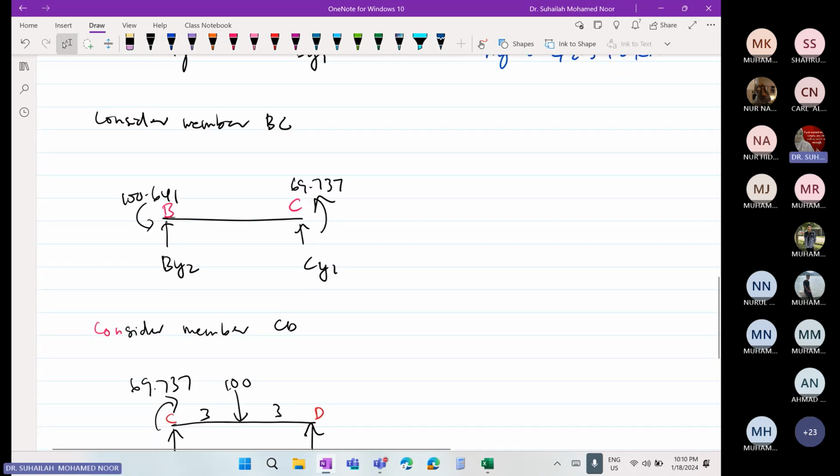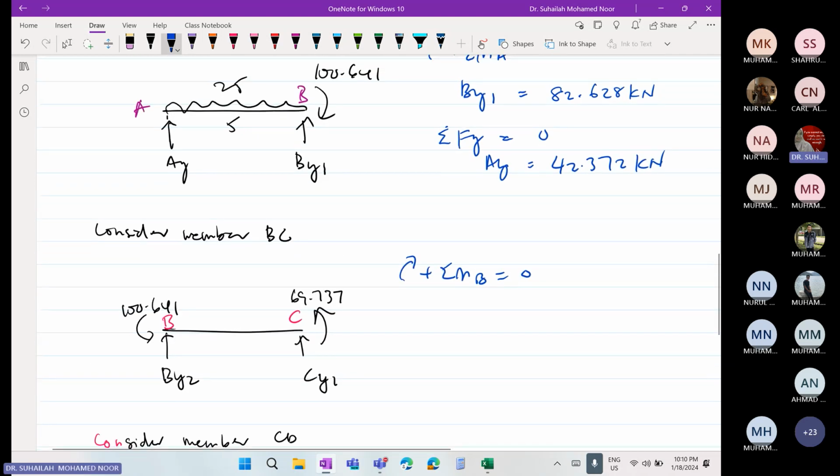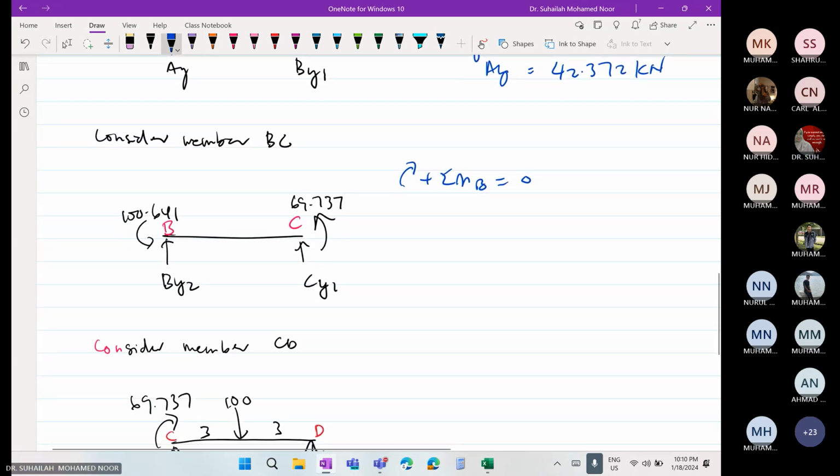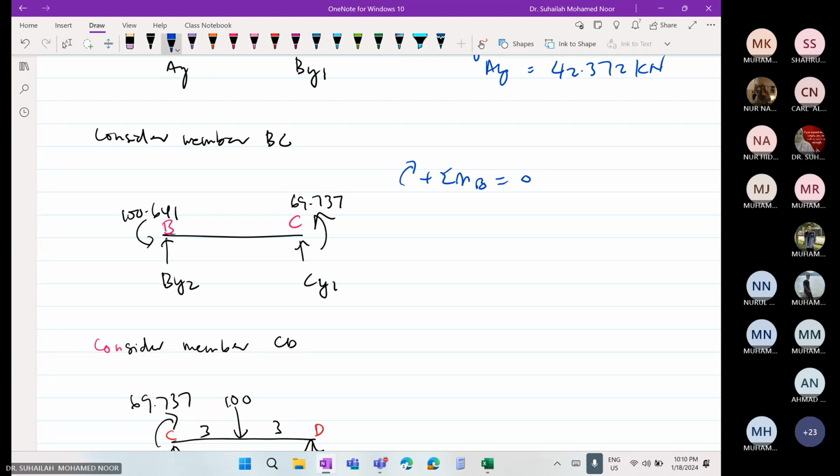Now consider member BC. Same process, taking moment at B equal to 0. The distance is 4 meter, right?